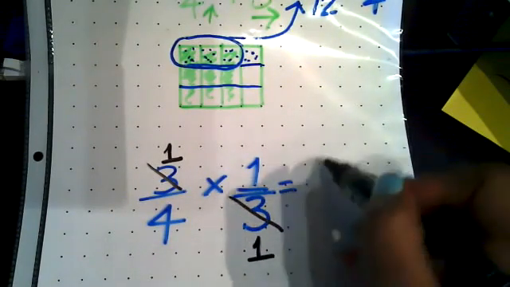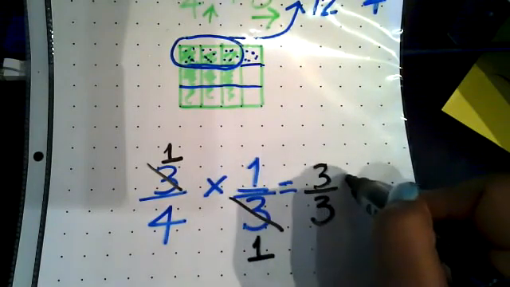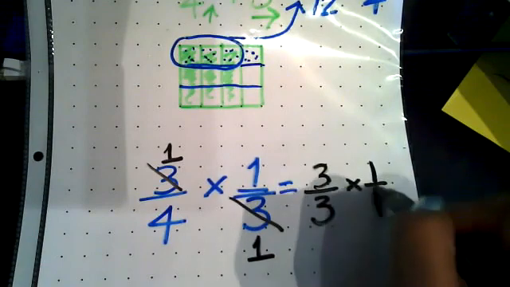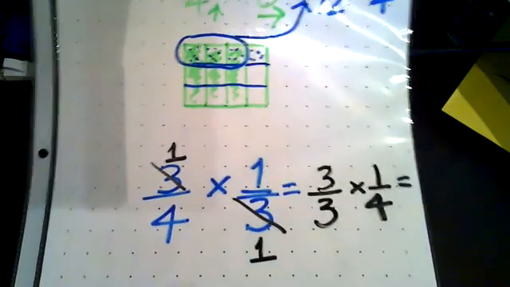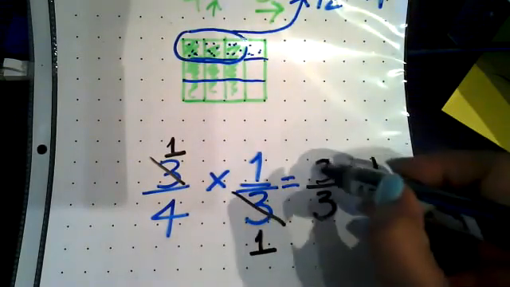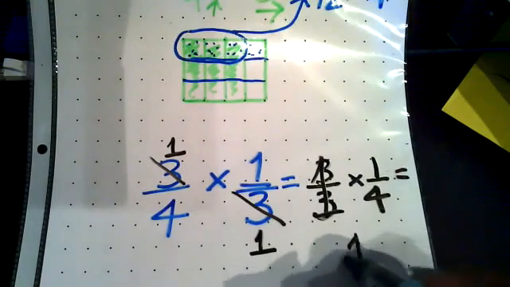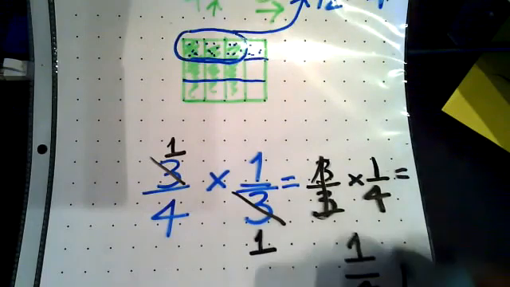So it almost ends up being something like this: 3/3 times 1/4. Will that give me the same thing? Yes, it will. We know that this is going to give us 1 whole, and therefore our answer is going to be 1/4.